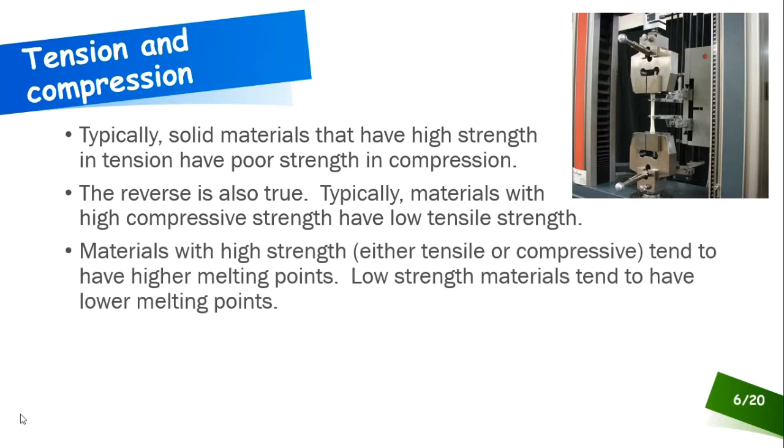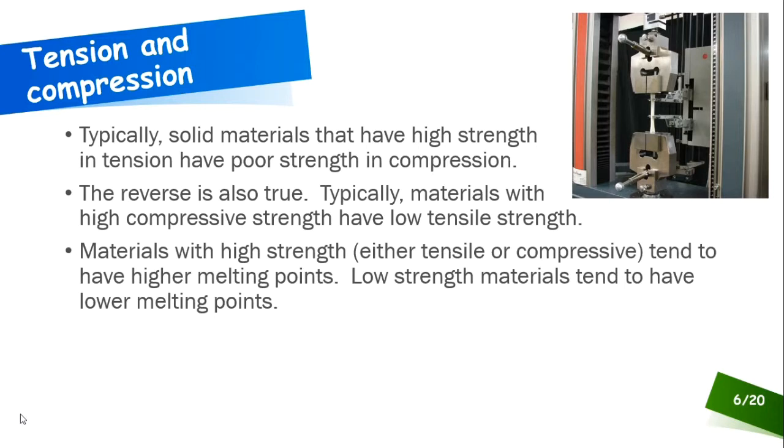Materials with high strength, either tensile or compressive, tend to have higher melting points, and low strength materials tend to have lower melting points. Think, for example, about lead. Lead has a particularly low melting point, and yet things made out of lead are easily malleable under the right conditions. You could shape lead with your fingers under the right conditions, so it's a very soft material. Gold's the same way.